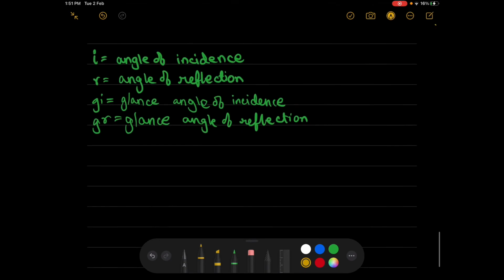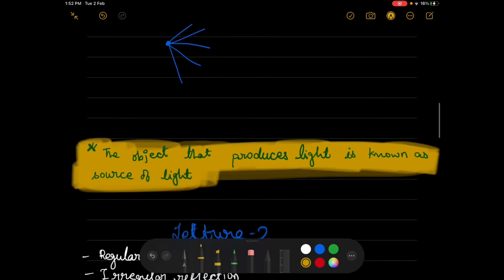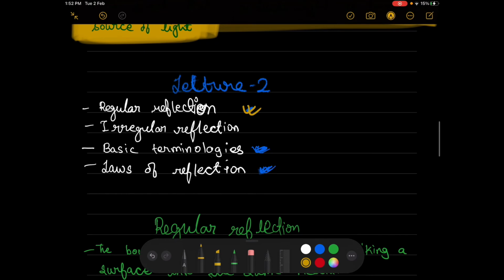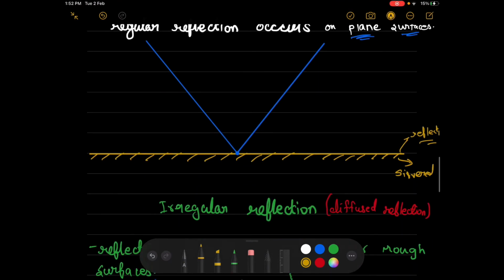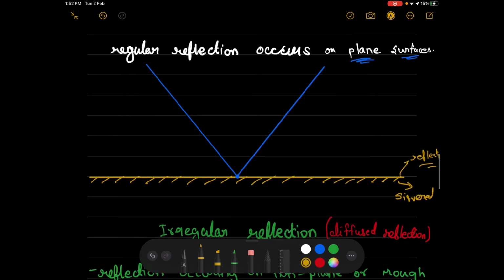so now that we have completed regular reflection, irregular reflection, and basic terminologies, now it is time to come to laws of reflection. Now over here we can say that this part is glance angle of incidence, and this is glance angle of reflection, if the arrows are like this.